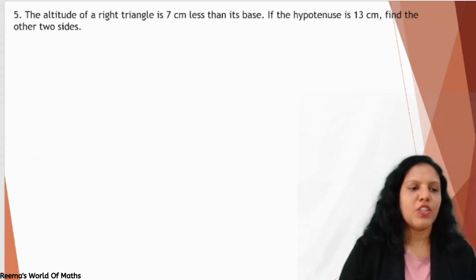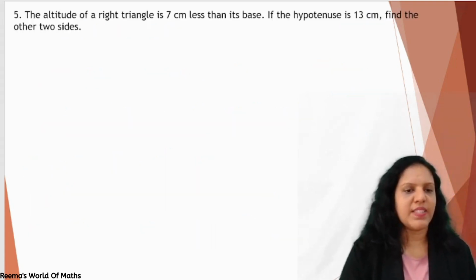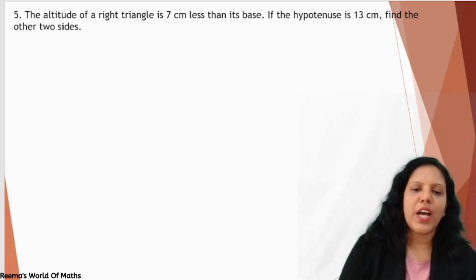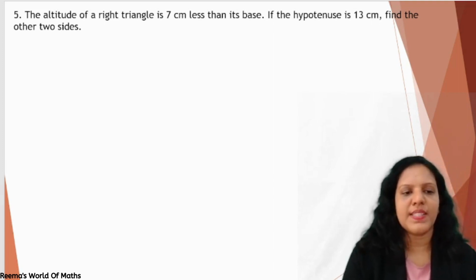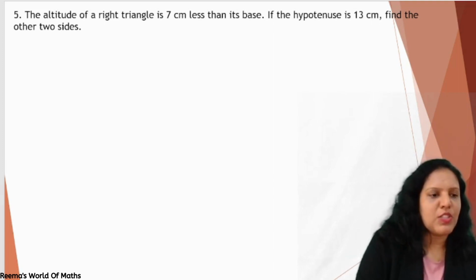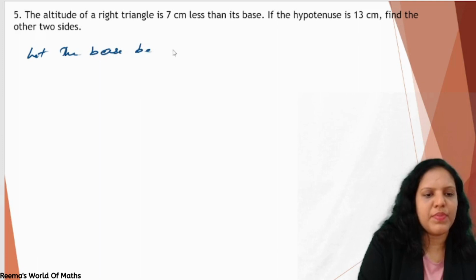The fifth question, the altitude of a right triangle is 7 cm less than its base. If the hypotenuse is 13 cm, find the other two sides. So we are given the altitude of a right triangle is 7 cm less than its base. So let the base be x.